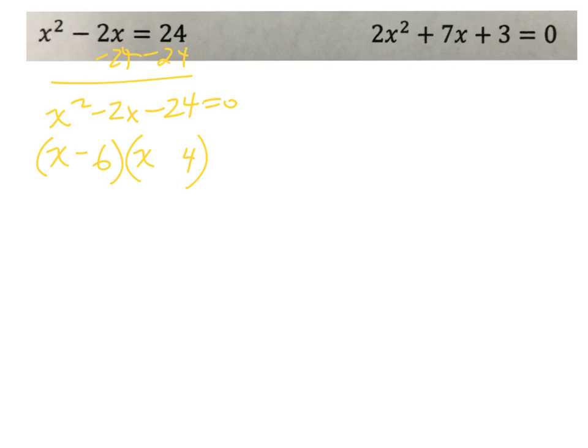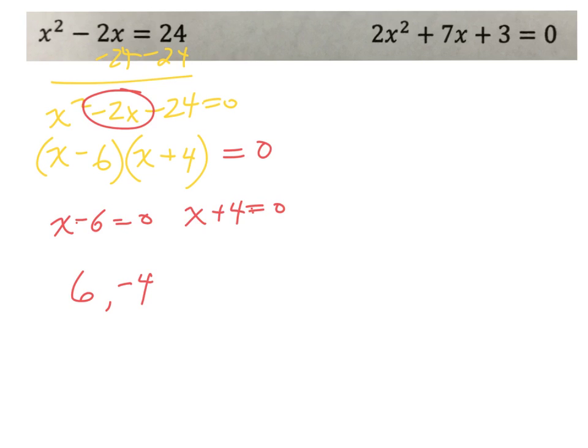Which one's positive and which one's negative? Of course, the 6 has to be negative because 6 is larger than 4, and my middle term is, of course, negative. So x minus 6 times x plus 4 equals 0, and I'm going to set x minus 6 equal to 0, x plus 4 equal to 0, and we realize that the solutions are 6 or negative 4.